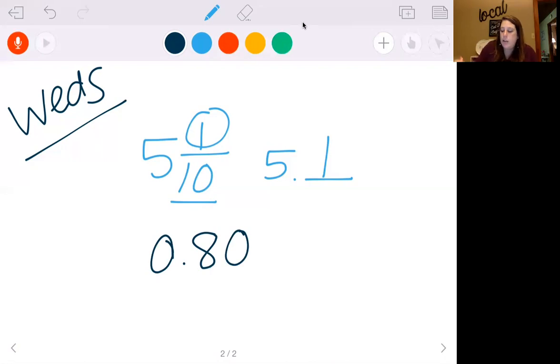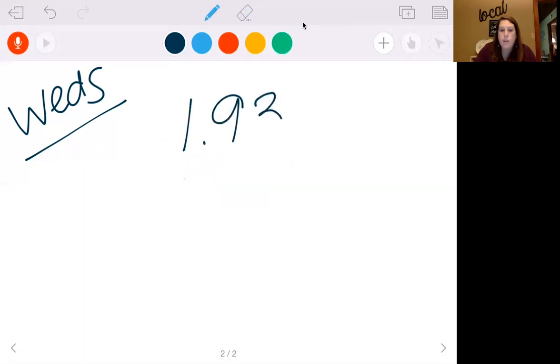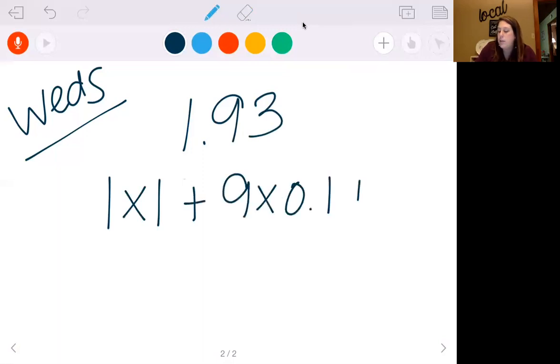Let's go back and do expanded form real quick. You do have one of those. So if I gave you 1.93 in expanded form, we would say 1 times 1 plus 9 times 0.1 plus 3 times 0.01. Remember those?